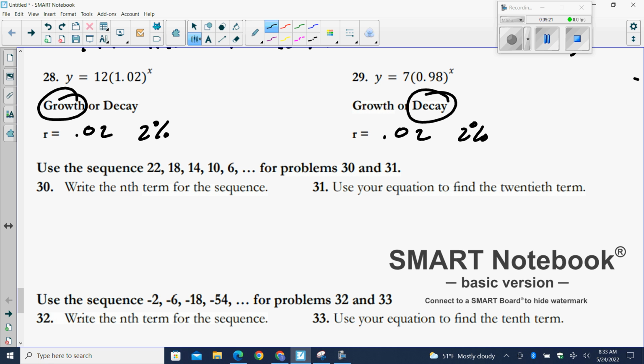Okay. Use that sequence for problems 30 and 31. Write the nth term. Just like before when we wrote the equation, and I said t has to be in the equation, this one's the same. We're writing the equation, so n has to be left in the equation. So if it's arithmetic, it looks like that.